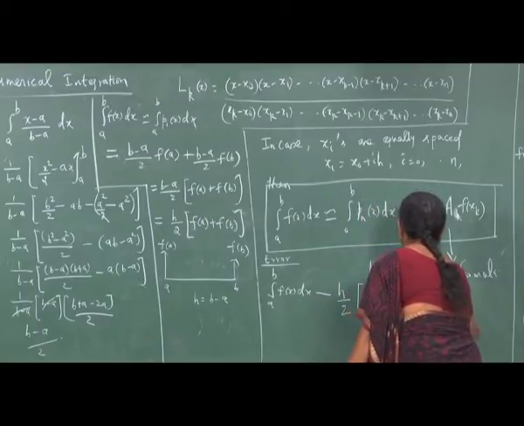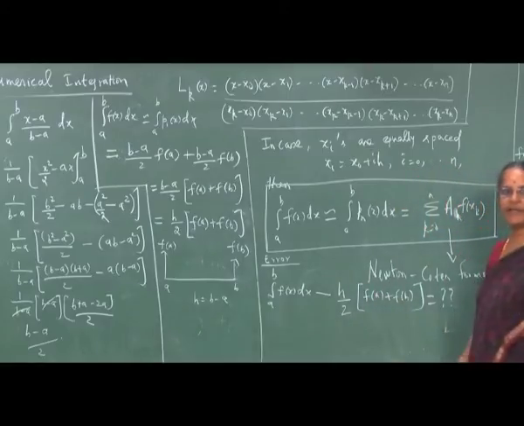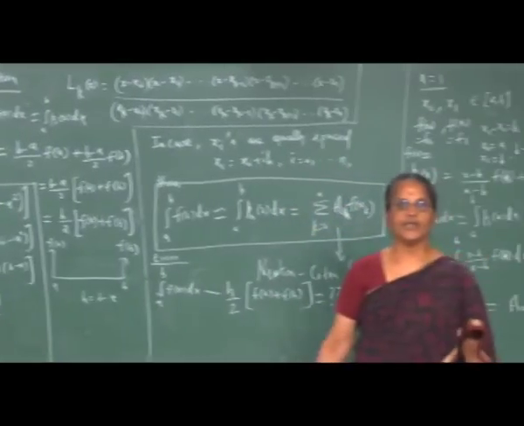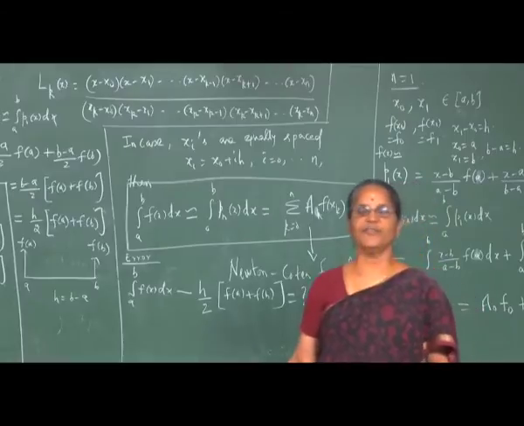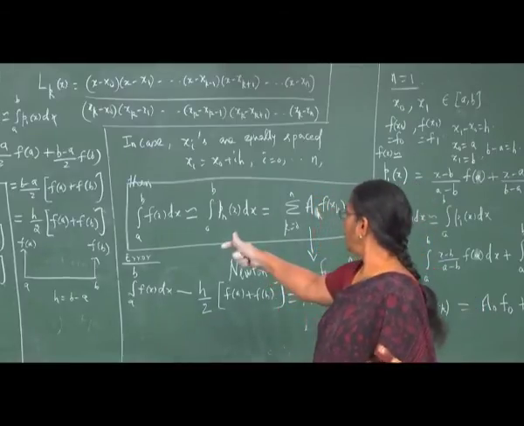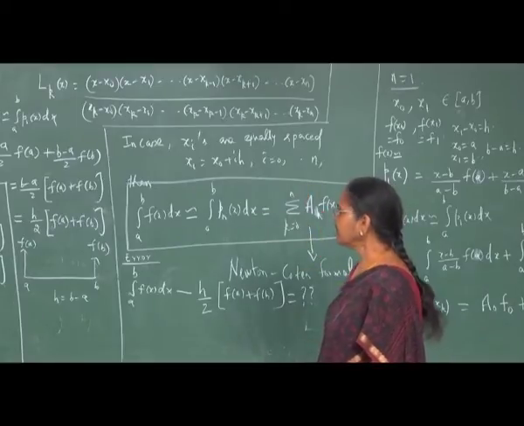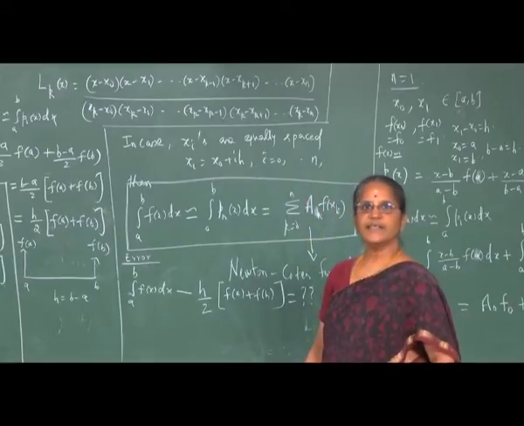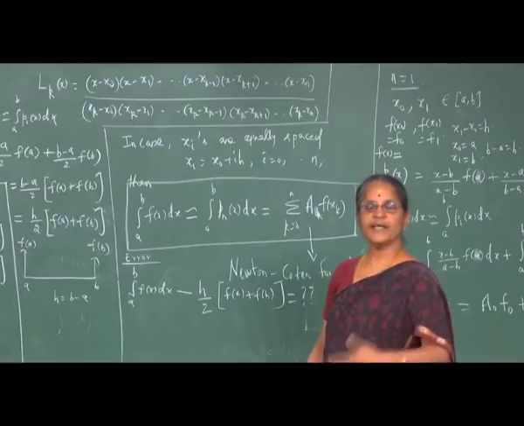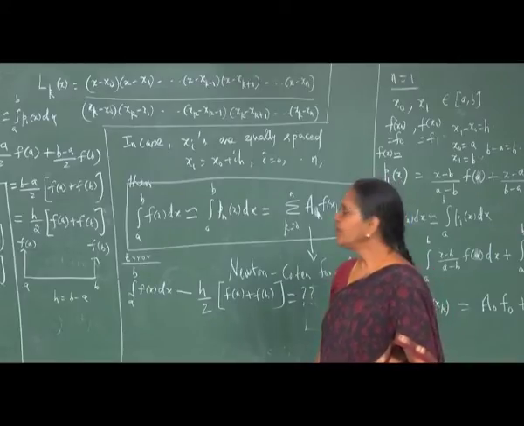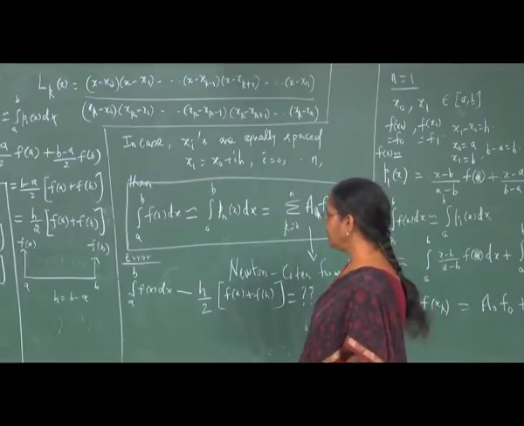What is this error which has to be determined? So, we will continue with the error analysis of the Newton-Cotes formula derived when n is equal to 1, and then move on with n is equal to 2 and see how Newton-Cotes methods can be derived.